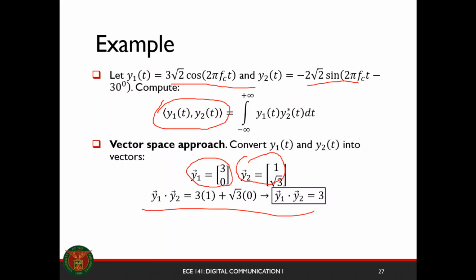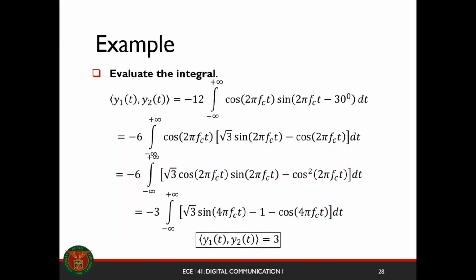And then we multiply, or get the inner product, and we get 3. If you try to use the integral approach, you have this solution right here. Right? But the result will just be the same. So the key point here, the high frequency components will become 0 after the integral.